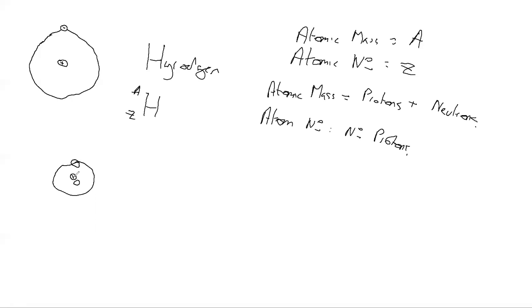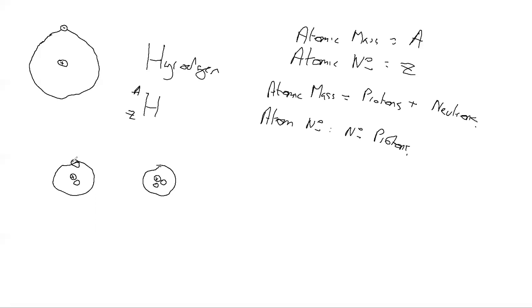Okay, that's the one. And to save time, I'm going to do the same thing here, and I'm going to put another proton in here. Sorry, early in the morning for me. And then I'm going to put another neutron there and there.